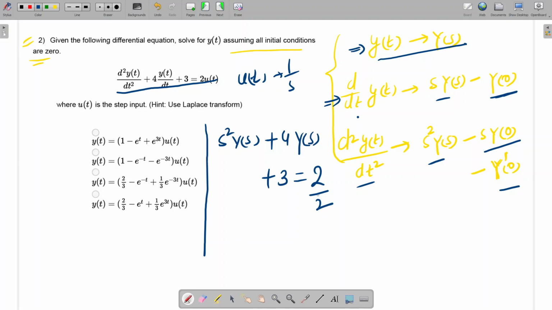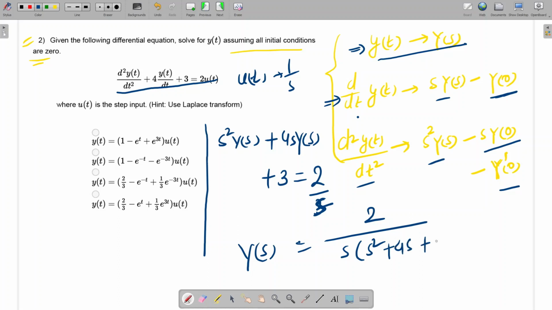So 2 by s, and if we solve for Y(s), it will be 2 divided by s into s squared plus 4s plus, and here 3 is there.